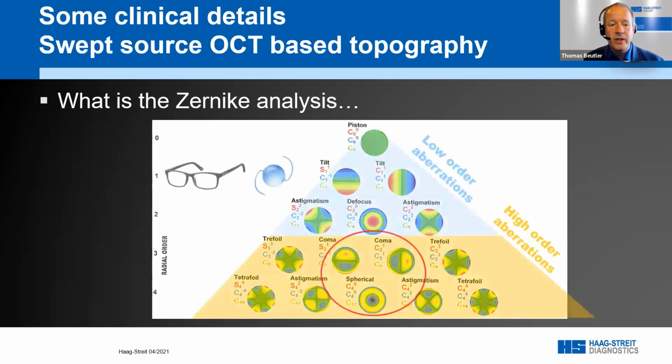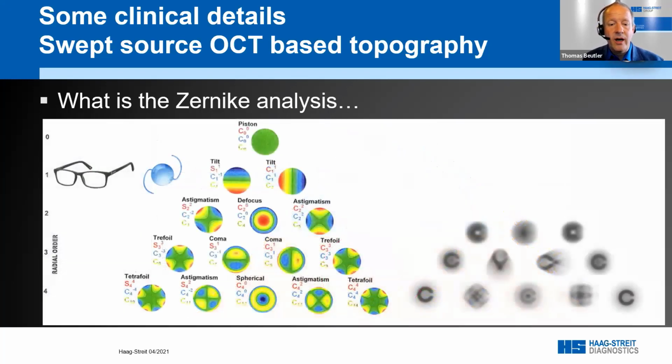And this we cannot necessarily compensate with an IOL, but we would need different means. Still, we are very much interested in this because it shows us nicely asymmetry, like with the coma. And we also see the spherical aberration there. So if we have an aspheric IOL, we can check if this would match with the asphericity of the cornea and if this would actually help to compensate for this.